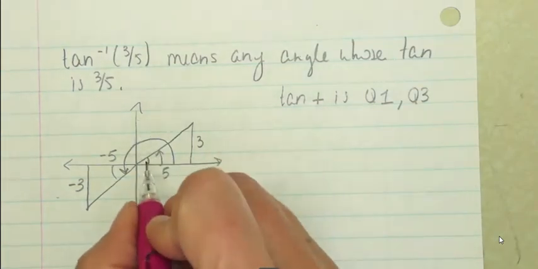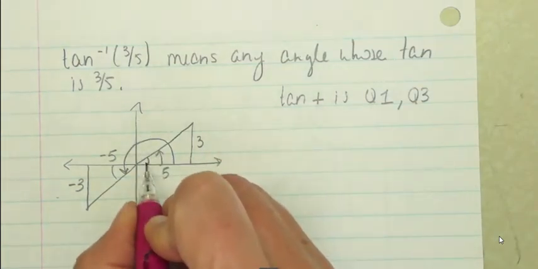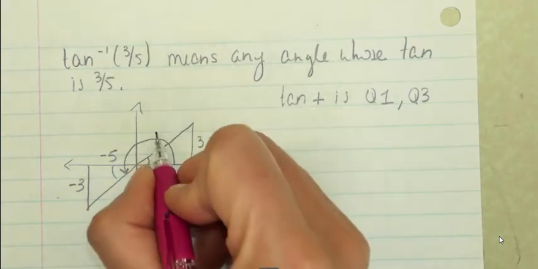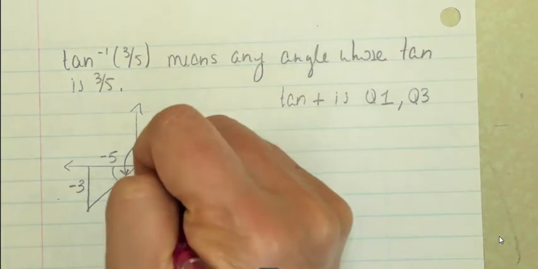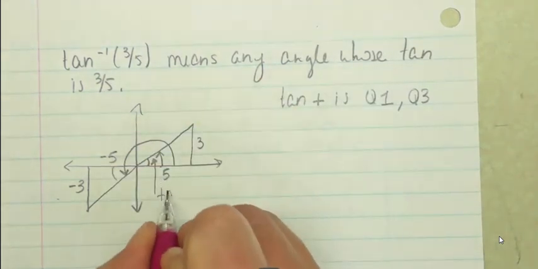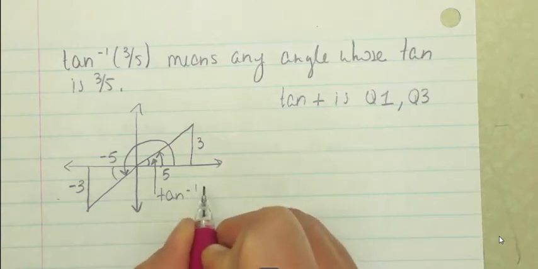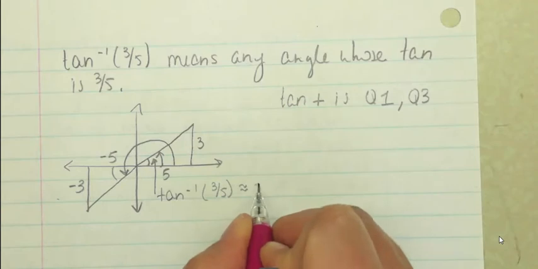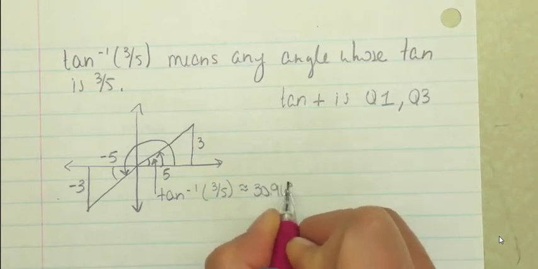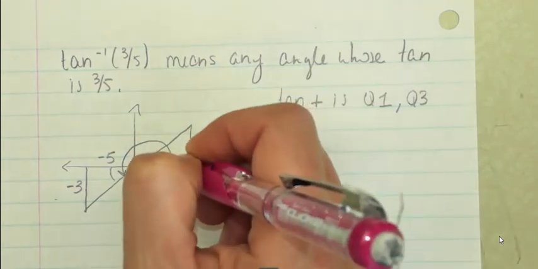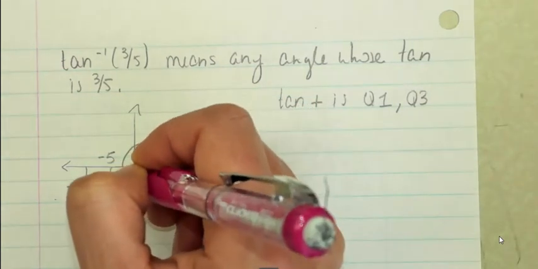So this angle here is about 30.96 degrees. So let's see, how can I do this? Let me just come here. So this angle here is going to be our tan inverse of 3/5, which is approximately, what did I say, 30.96 degrees. But in addition to that, I'm also going to have a half revolution more, right?